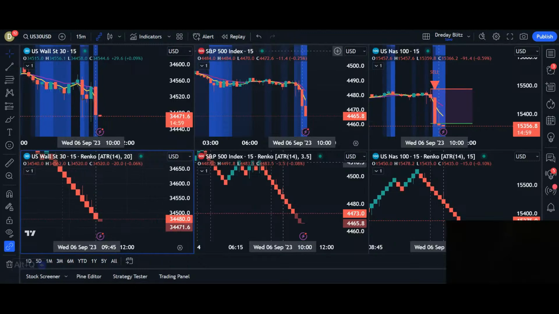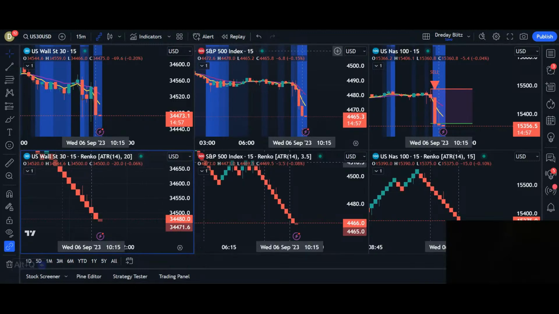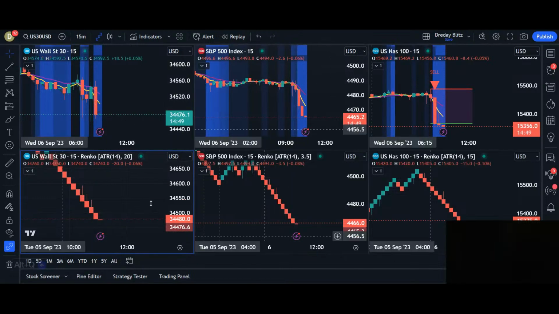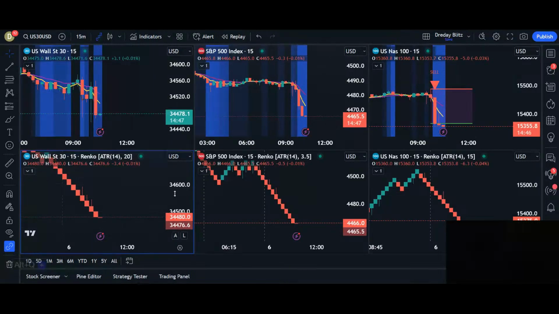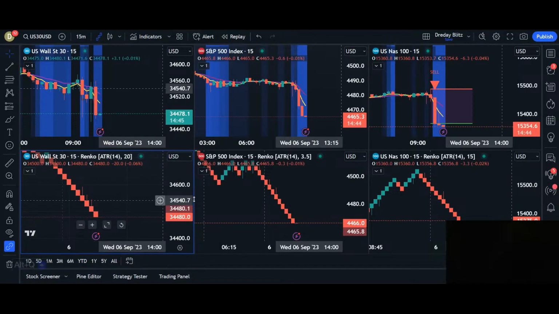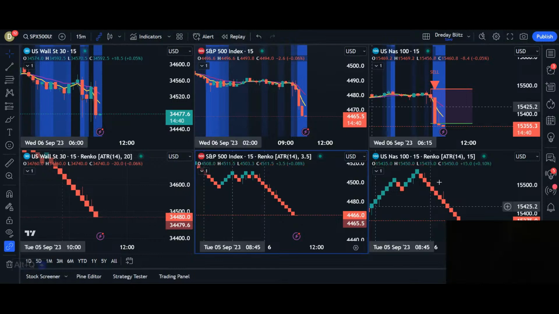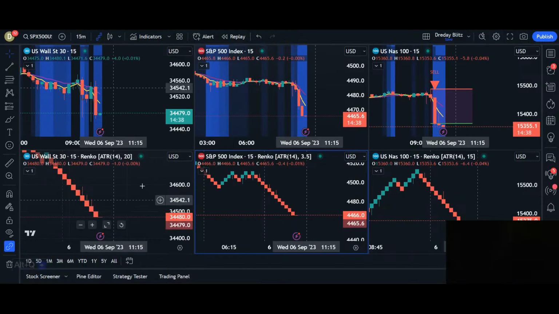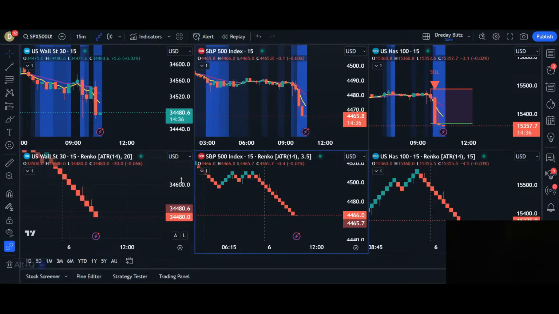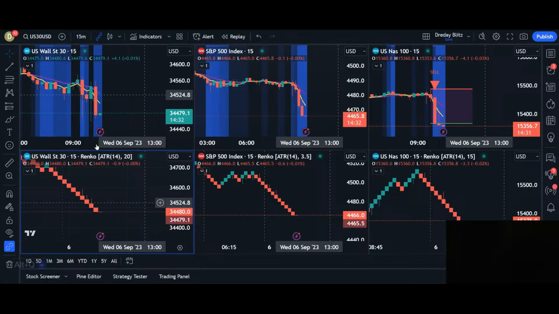So it's 10:30 Eastern Standard Time. So still looking good right now. So make sure that I put the Renko bars so everyone can see. Perfect.